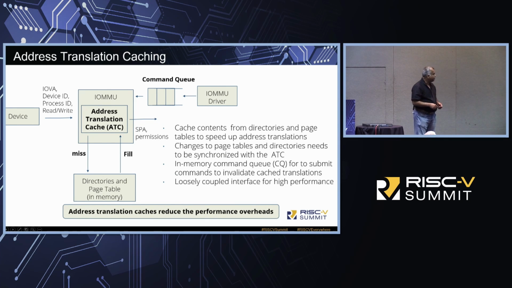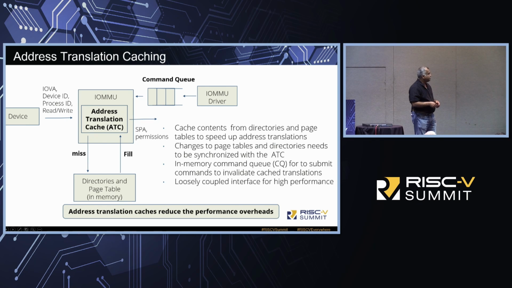So when a transaction shows up, if you hit in that address translation cache, you don't need to walk any of the in-memory data structures. You can provide the translation and find the permissions from the cache. When you have a miss, you invoke a page walker in the IOMMU, which will look up the directories and page tables and fill the address translation cache with the relevant information.